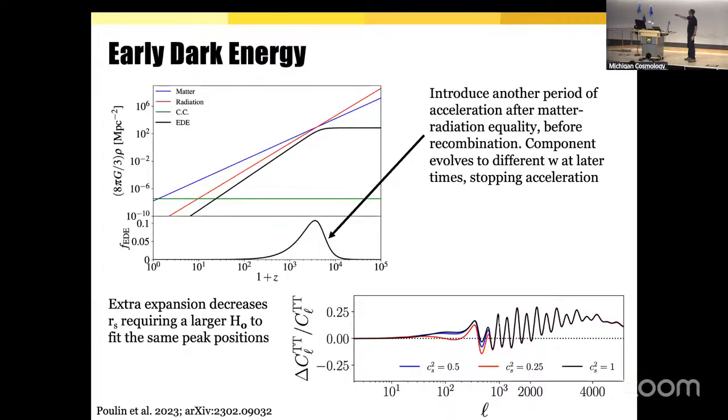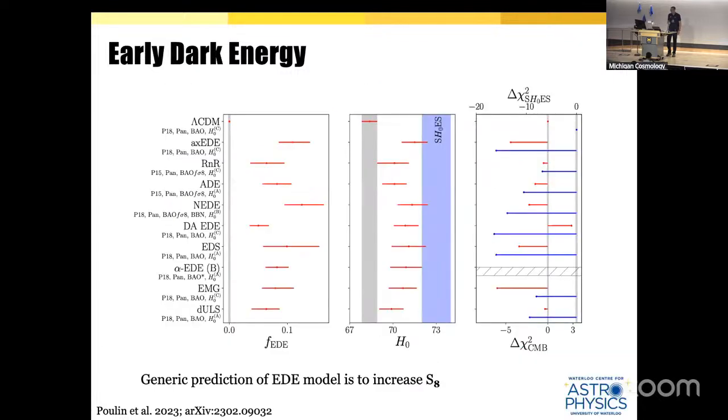In practice, and this is a good reference paper for this, in detail, things break down. All of a sudden the way in which you're putting in this acceleration and the exact way that it's changing decoupling and recombination change the CMB in moderately messy ways. What you would really want is evidence from just basically the cosmology data sets that you have this period of early acceleration, and that does not exist.